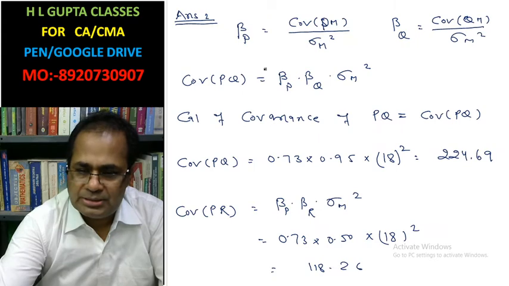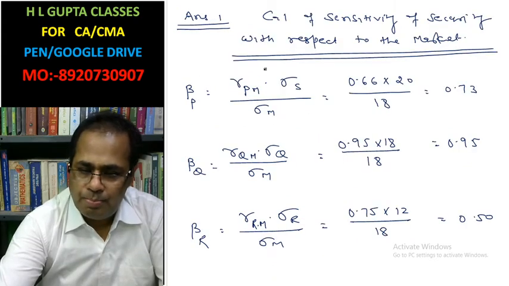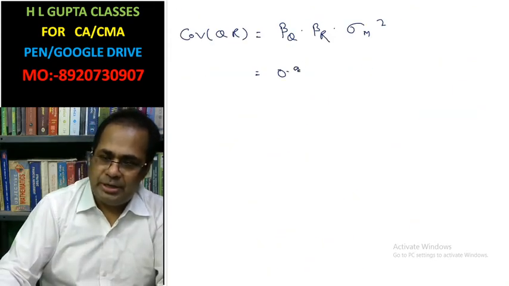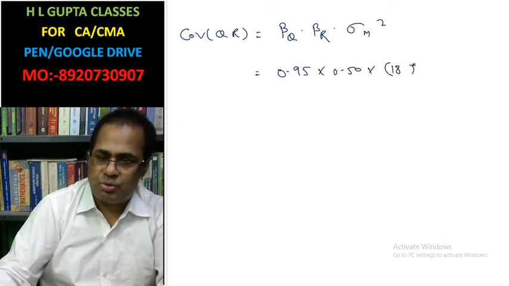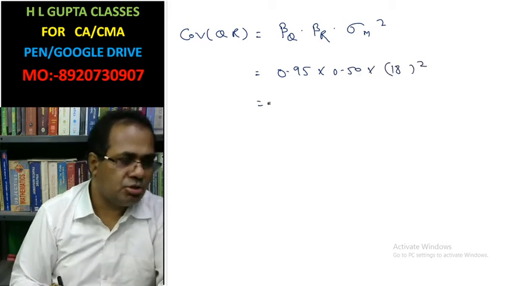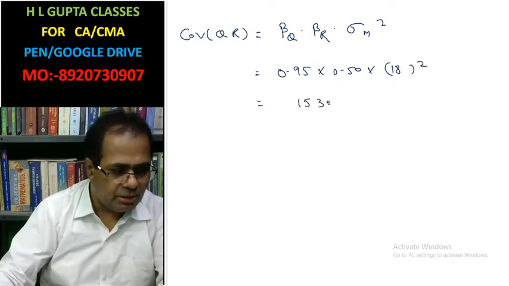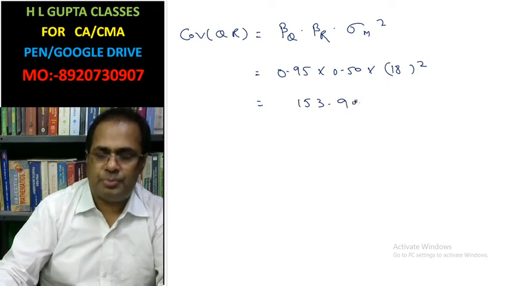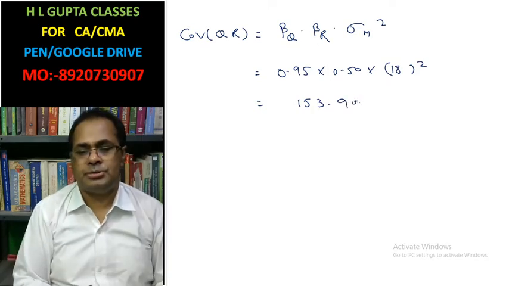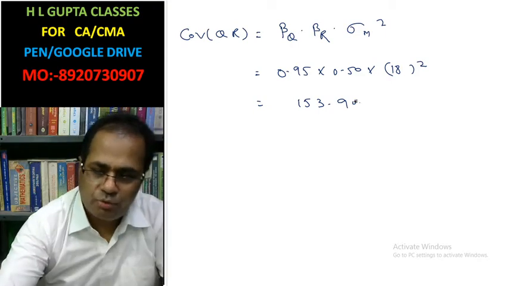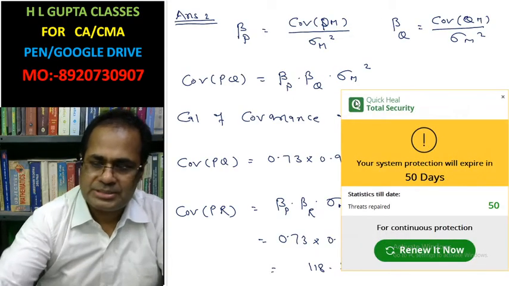Beta of Q is 0.95, beta of R is 0.50, times 18 squared, and in this case your answer will be 153.90. This is the covariance. Okay, after calculating covariance, what is the next part of the second part?